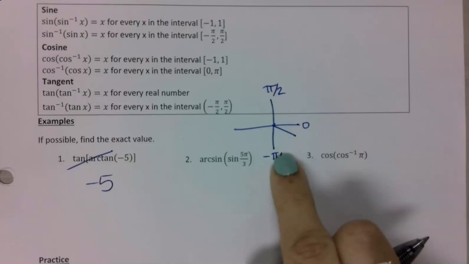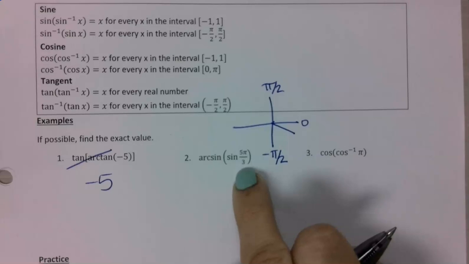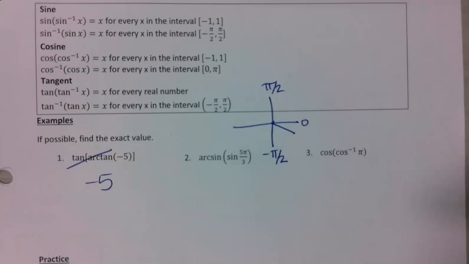So I need to convert this to a negative angle. How can I make a positive angle into a negative angle? We did this earlier this chapter. Okay.